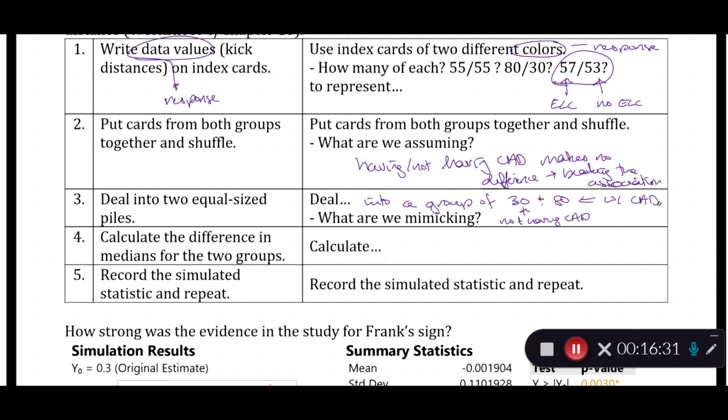In my football experiment, after I dealt into my two groups, the next thing I did was calculate the difference in medians. What I'm going to do here is calculate the difference in proportions. That is the sample statistic I am interested in.